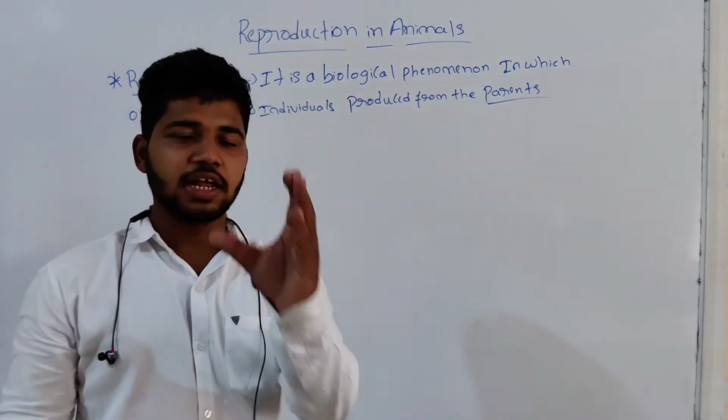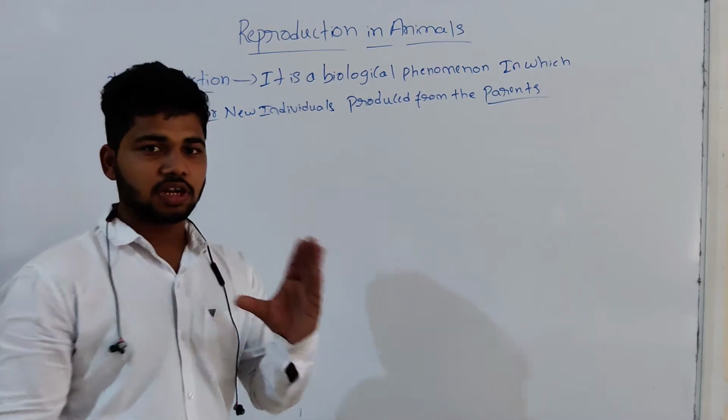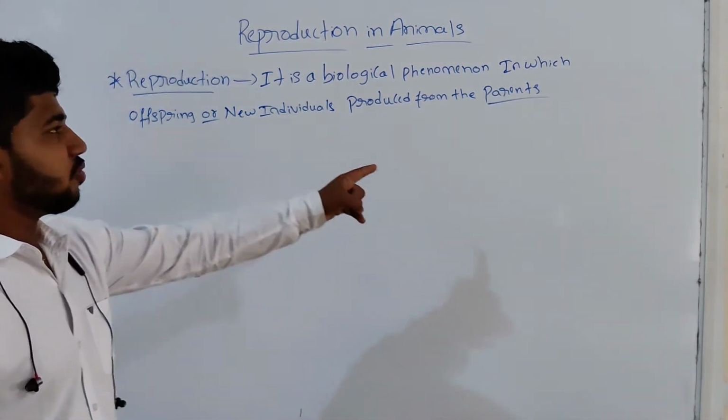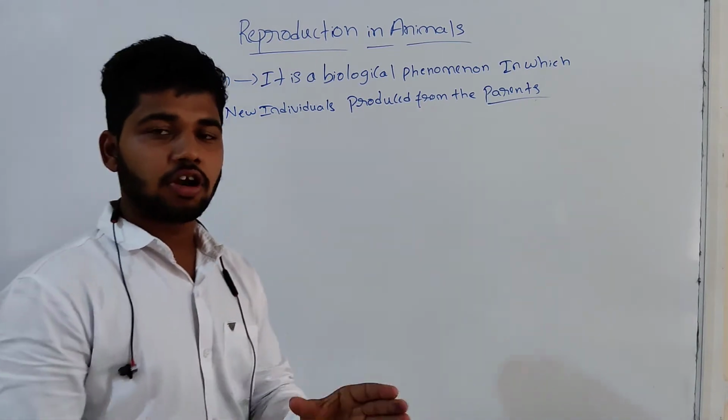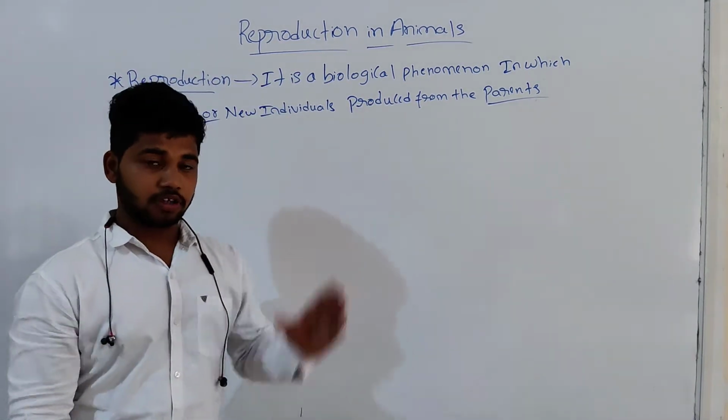We call it reproduction. What is the definition of reproduction? It is a biological phenomenon in which new individuals are produced from the parents. It is called reproduction.